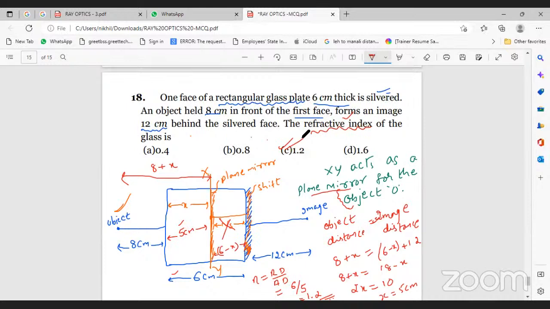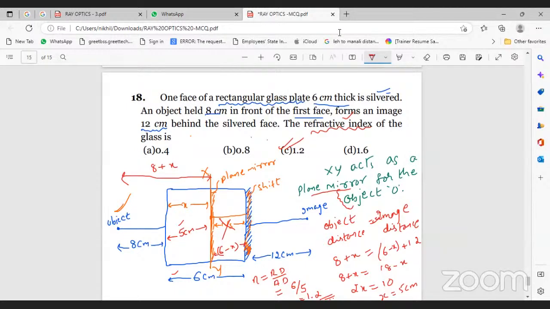That is the hint in this problem. The students will not think about the normal shift here because no hint is given in the problem. So these are the different varieties of problems in the case of plane surface.